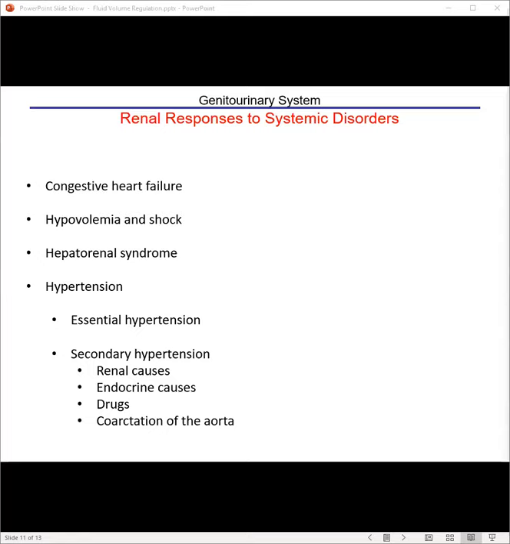The diagnosis of primary hyperaldosteronism is based on the triad of hypokalemia, so you have decreased potassium levels, hyperaldosteronemia or increased aldosterone, and decreased renin.